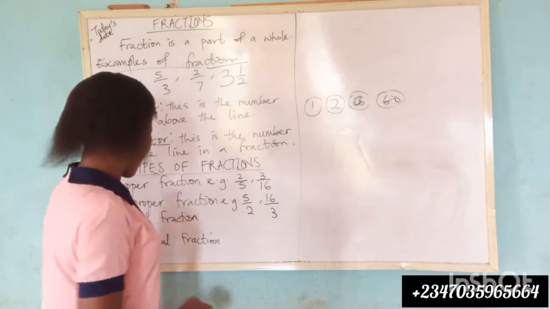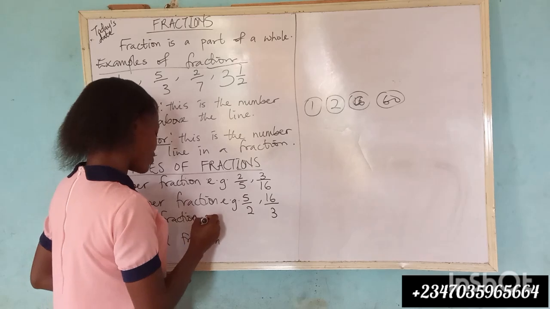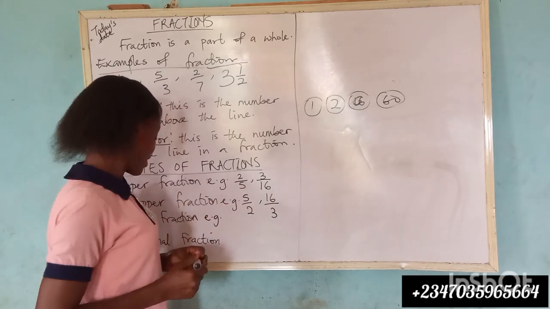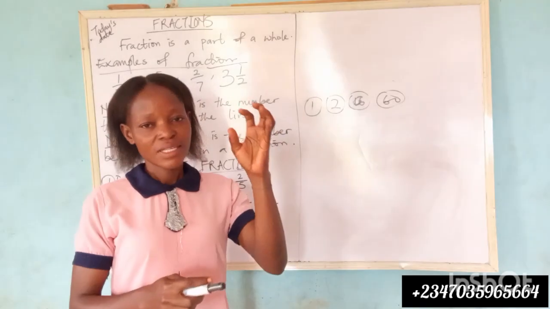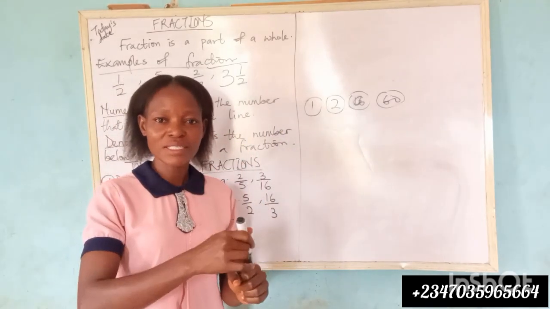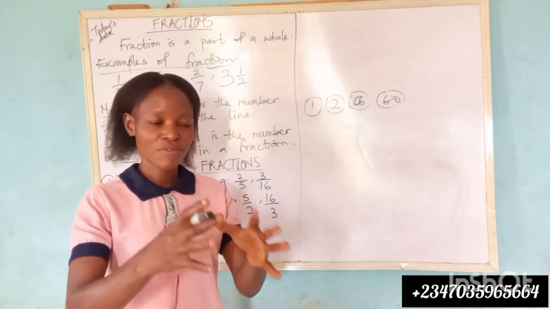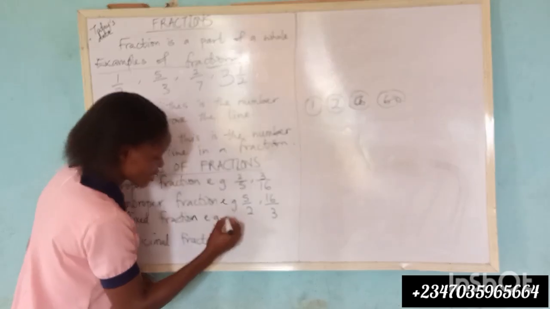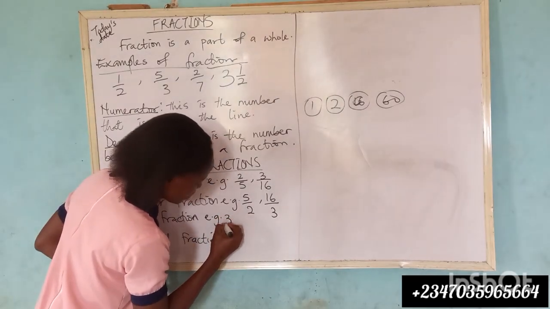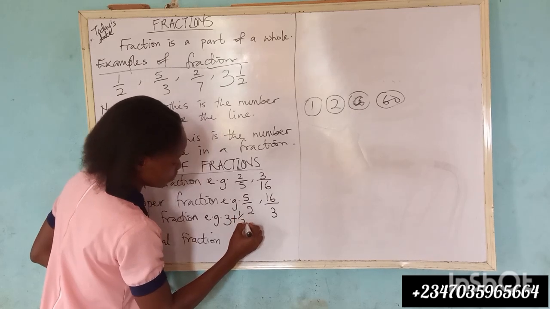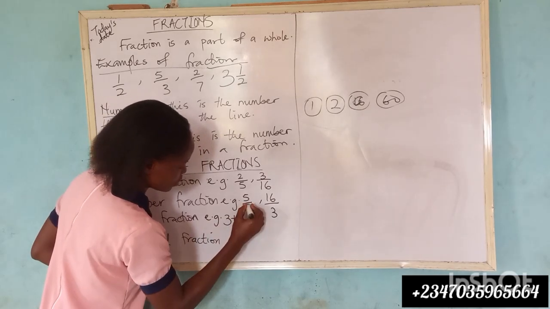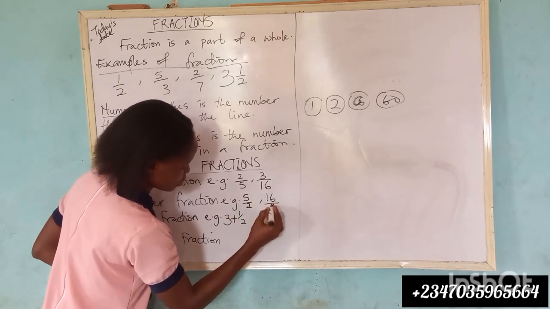Simple as that. Now let's go to mixed fractions. In mixed fractions, they have mixed whole numbers together with a fraction. For example, I was given 3 loaves of bread plus another half of a loaf.